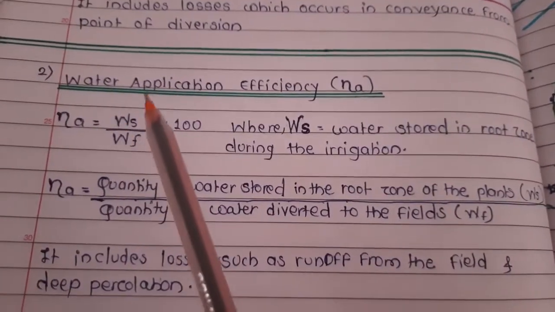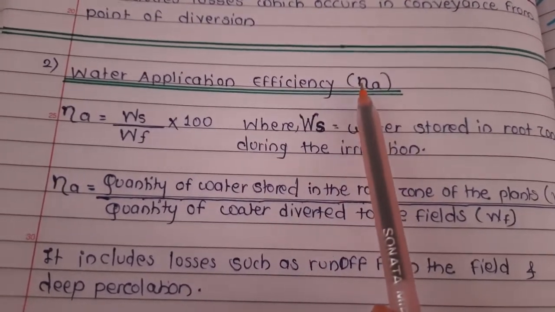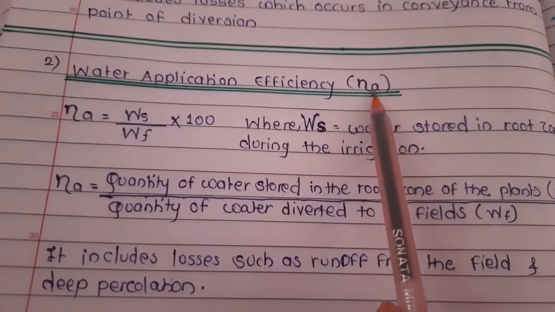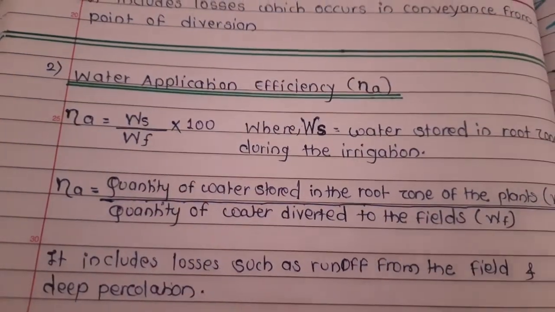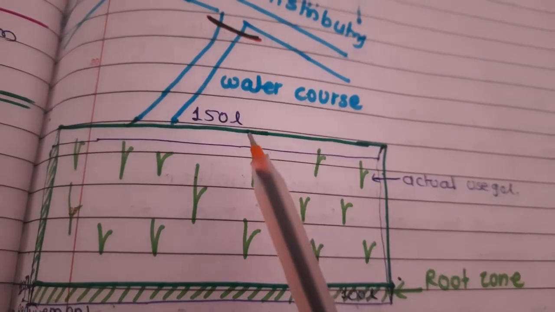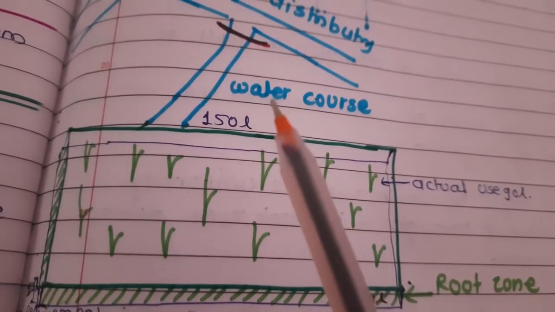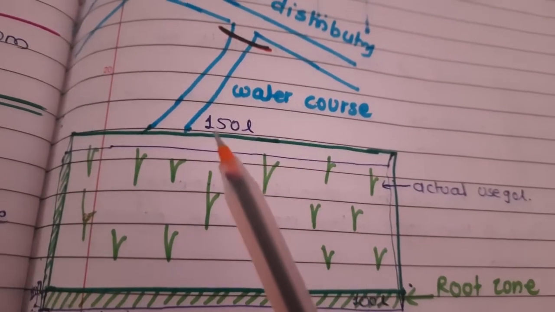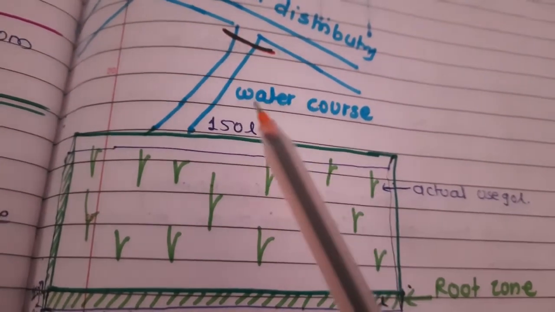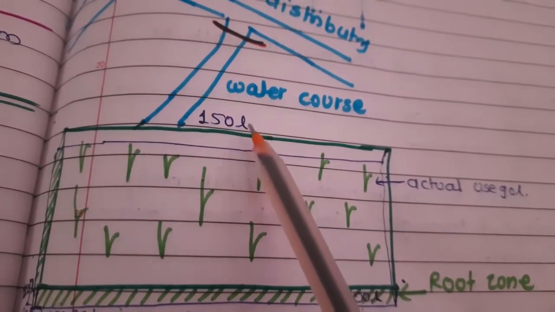The second is water application efficiency, eta A. Now see in this diagram, we said 200 liters of water is conveyed from canal to the field, but at the entry of the field we get only 150 liters of water.